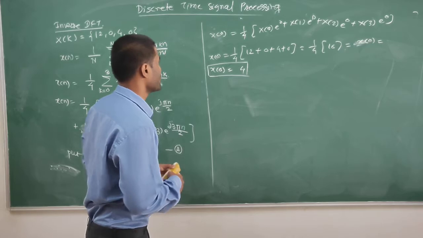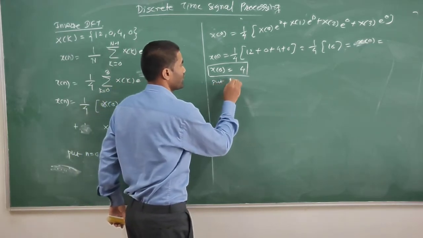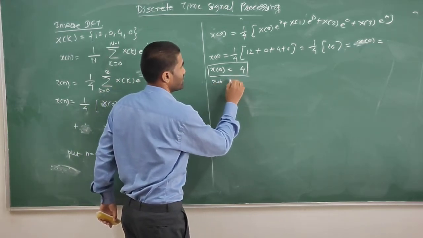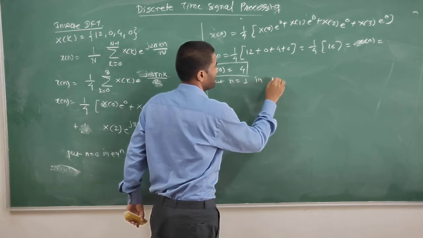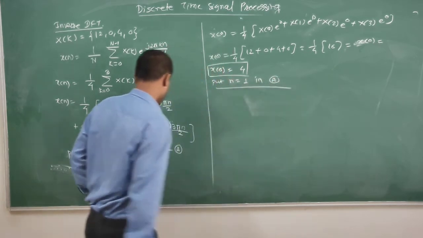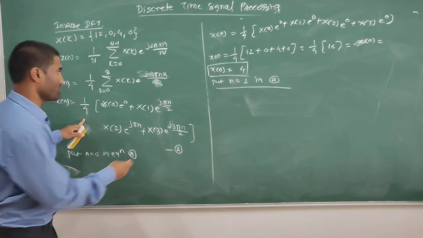Okay. So what you have to do then, put small n equal to 1 in A. If I put this, then I get 1 by 4.